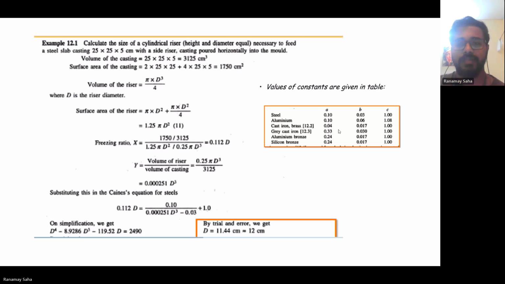You have the equation and d values to be found by trial and error. This is how you solve it.